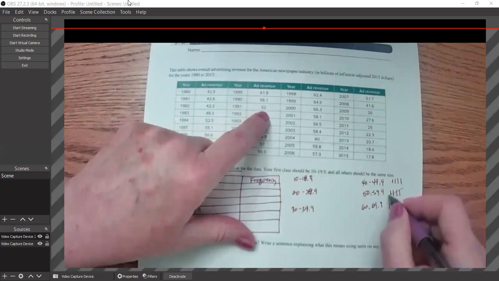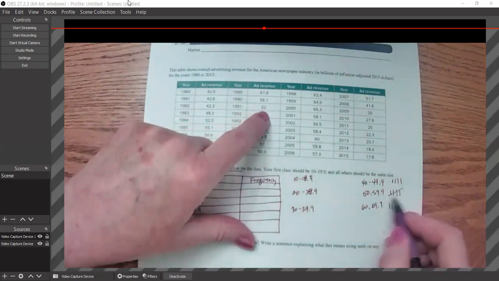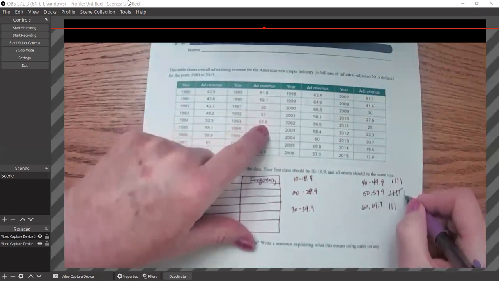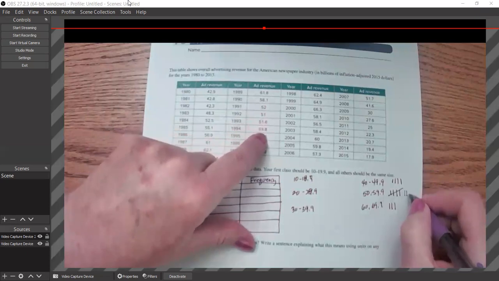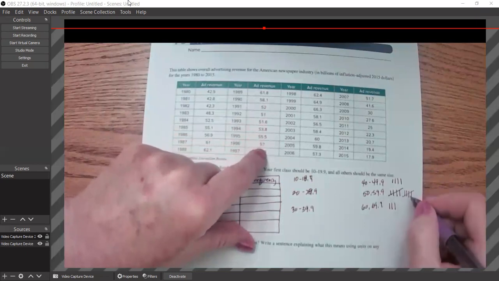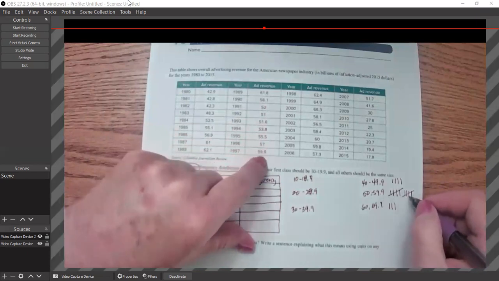Now for 52, we're going to put a cross slash because every fifth, this is going to make it easier to count them at the end. Then there's a 51, 51.6, a 53, a 55, and our 57 is going to get its cross slash.